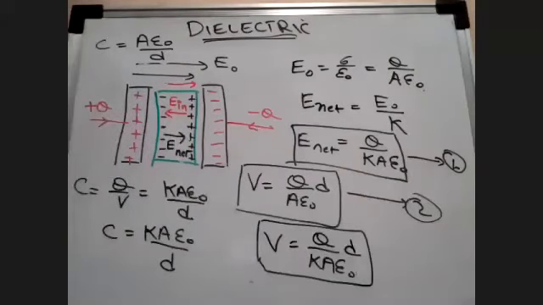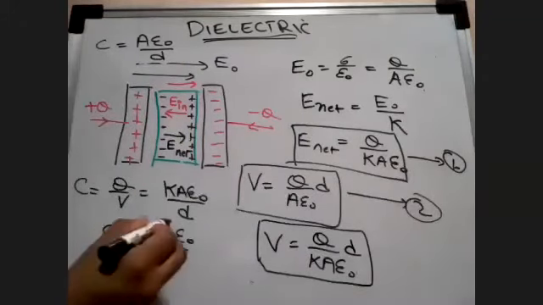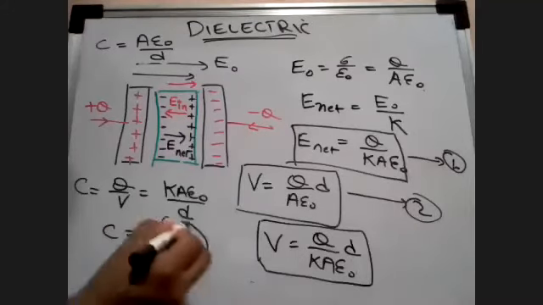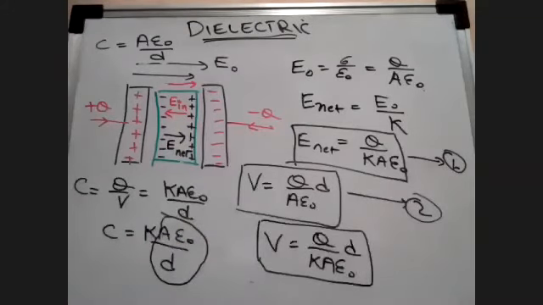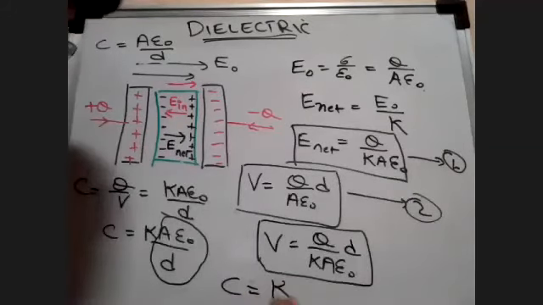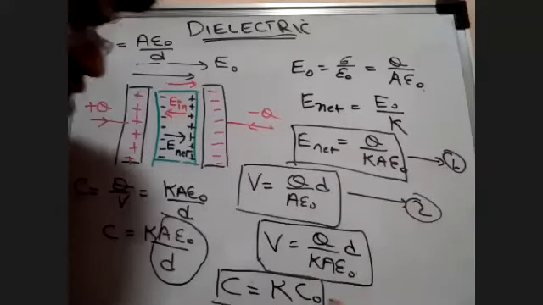So over here, this is capacitance and I can denote that as C naught. So can I say that C is going to be equal to K times C naught? Is this clear?